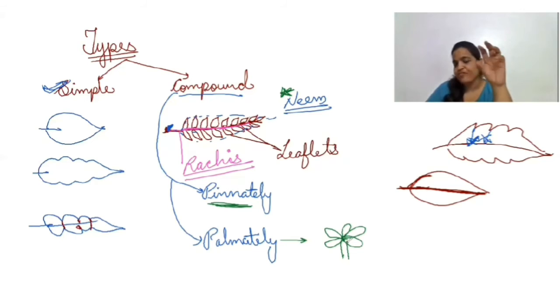These 5 fingers of our palm are the leaflets. They are present on the main part, we can say the petiole. Here the rachis is not there. So this type of arrangement of leaflets directly on a single point is known as palmately compound leaf.